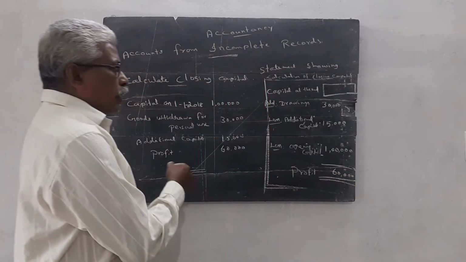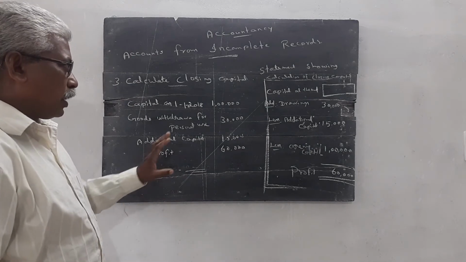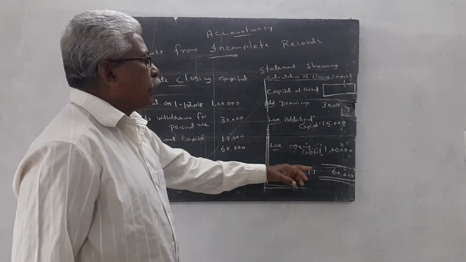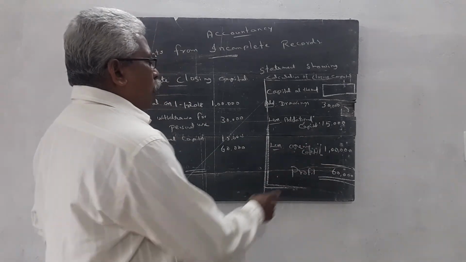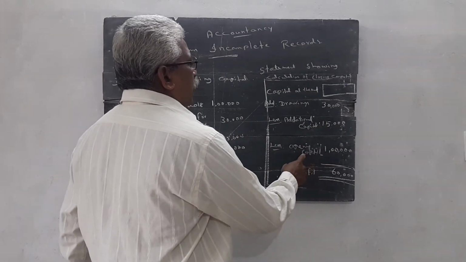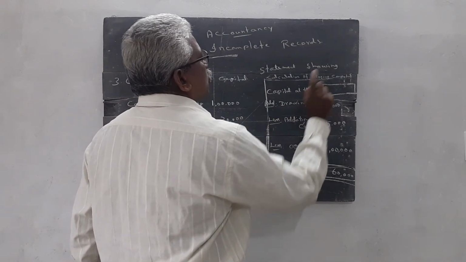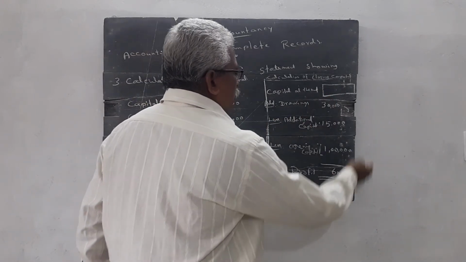These are the information given in the question. We just write the formula and write the amounts here: profit, opening capital, additional capital, drawings. This amount, capital, we have to find. So come to the bottom.